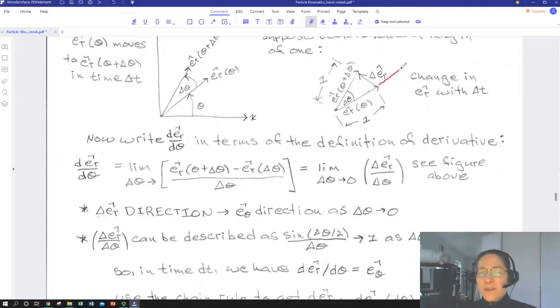This was the r hat direction here. It's kind of hard to draw. Perpendicular to r hat is theta hat. So delta er, the change in the r hat unit vector, is the theta hat unit vector.